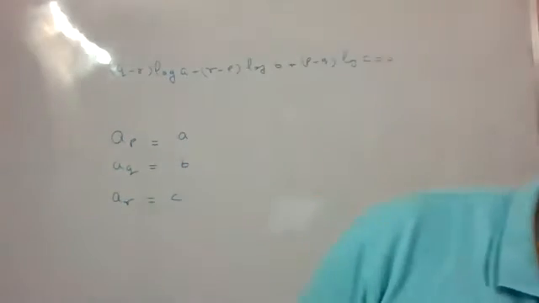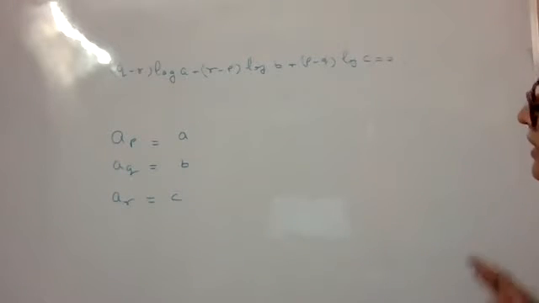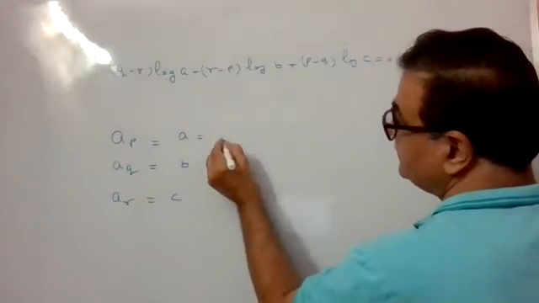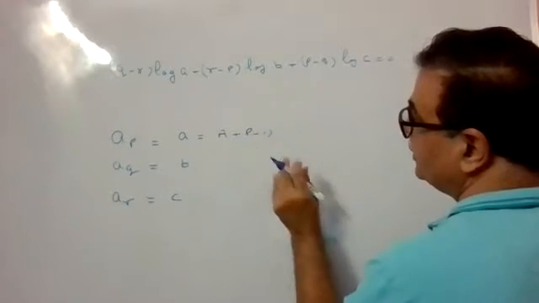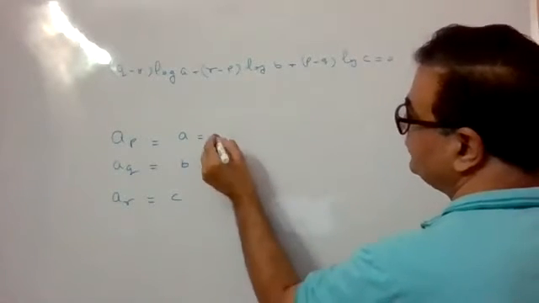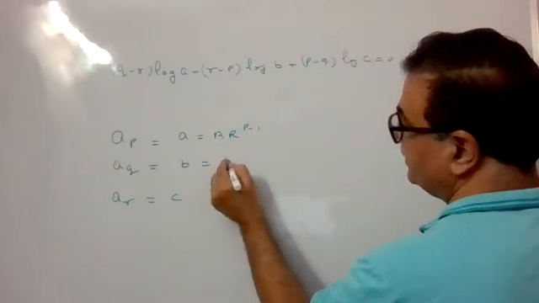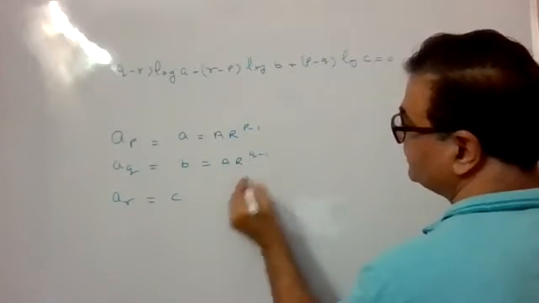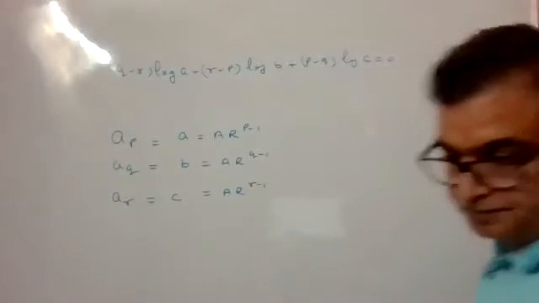So for this, what we do in this case, A we will write as A plus P minus 1 into D. It was a GP tha. Okay, if it is GP, then it will be AR P minus 1. This will be AR Q minus 1, AR R minus 1.